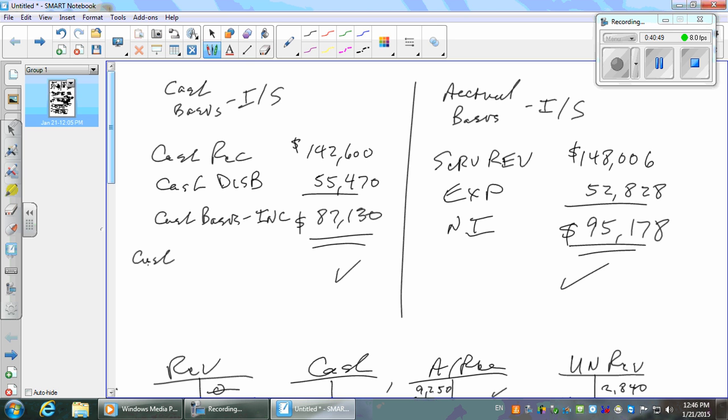Cash, 87,130. Accrual, it's 95,178. And if you really are confident and you really know what you're doing, you could have done this problem really, really fast. Just do it.